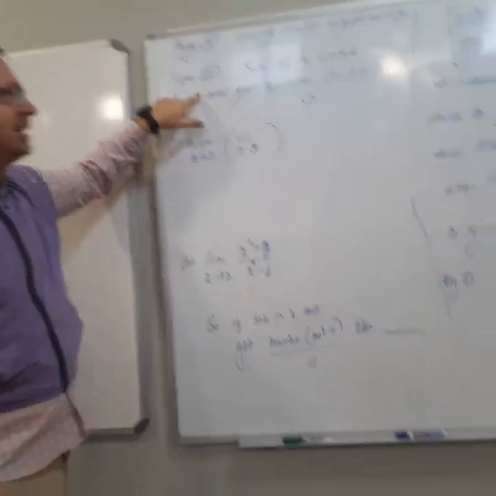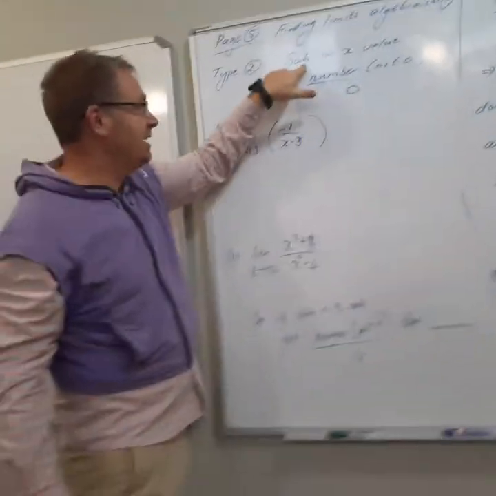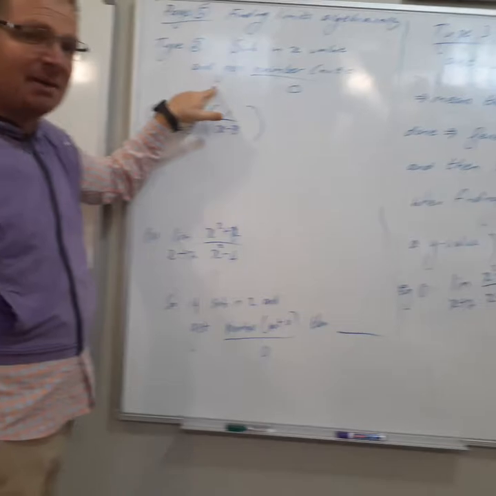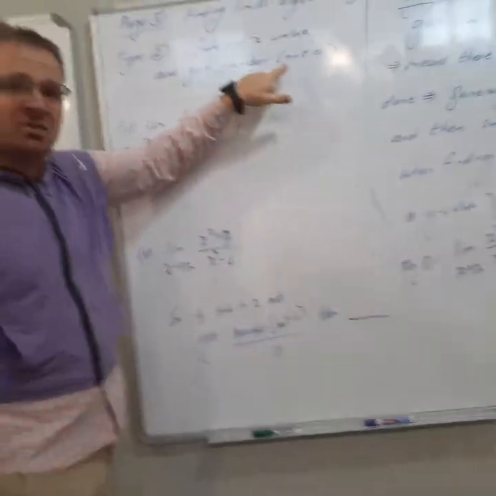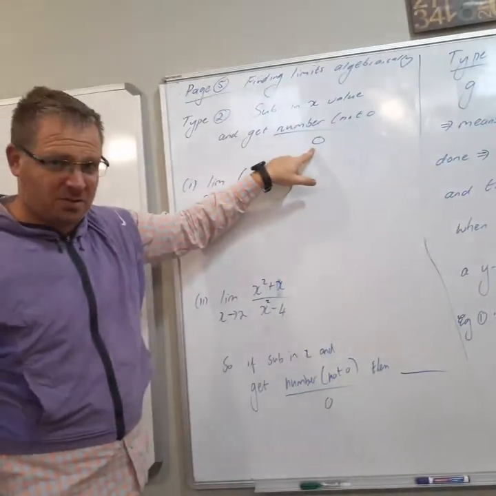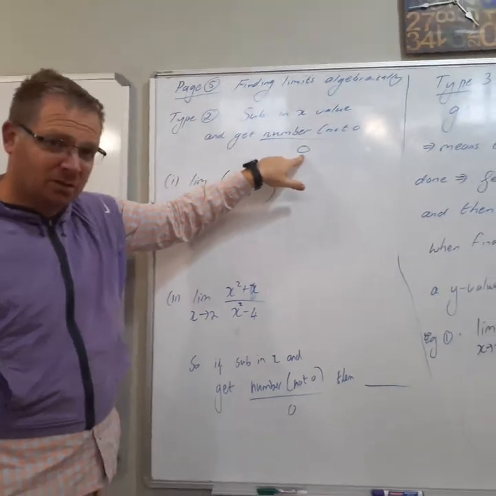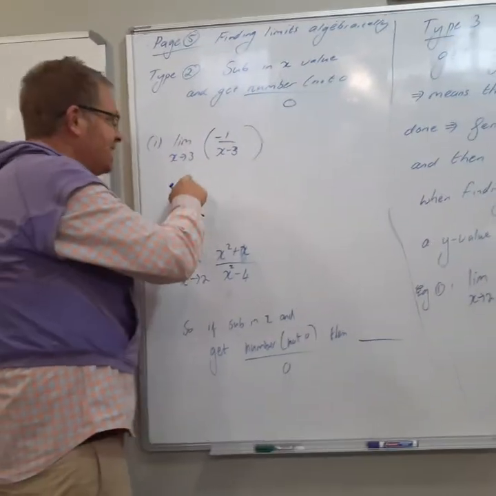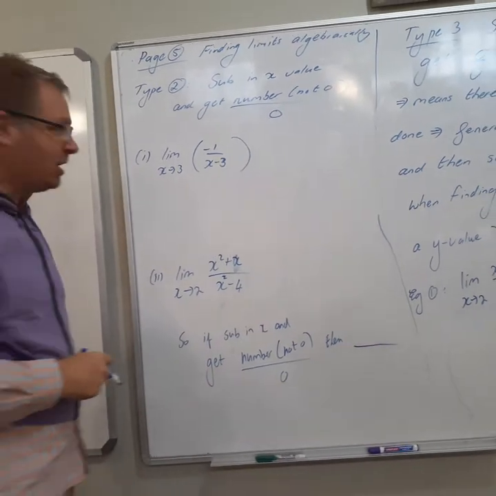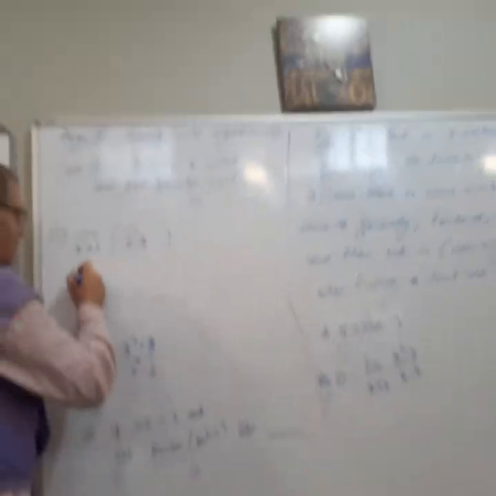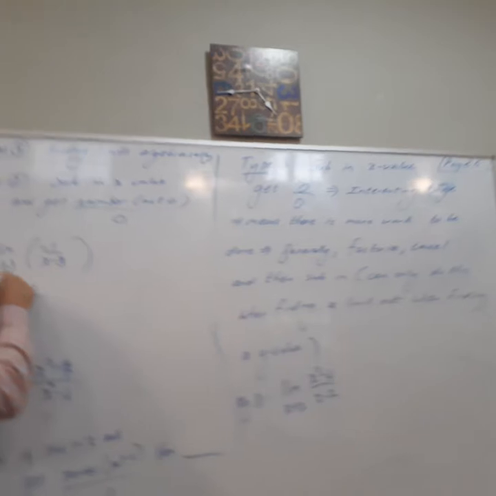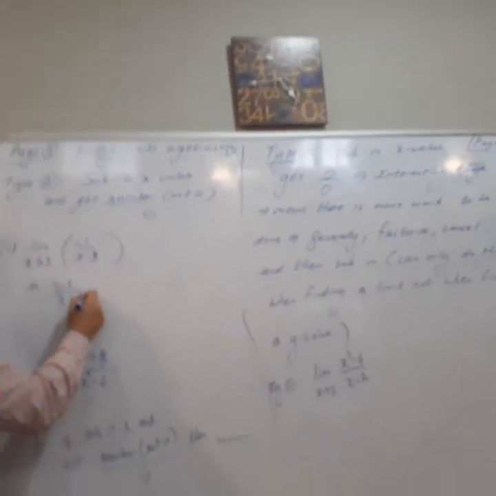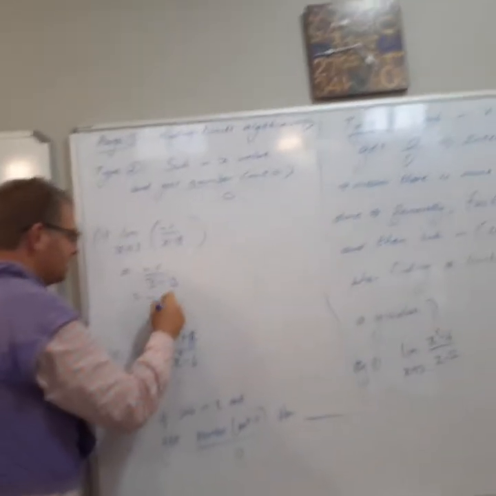The next type, type 2, you're going to sub in your x value of your limit, and you get a number over naught, which is not naught over naught. Okay, so if I have this, what is the limit as x tends to 3 of negative 1 over x minus 3? Well, I drop the limit because I'm subbing it in, so it's negative 1 over 3 minus 3, which is negative 1 over naught.